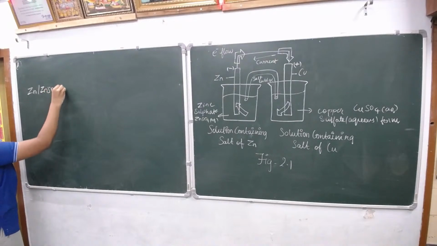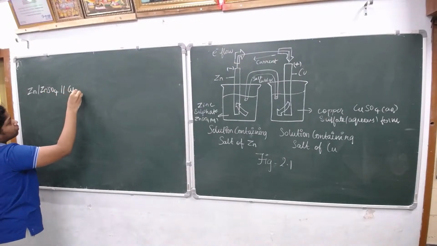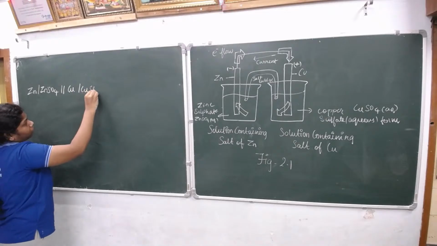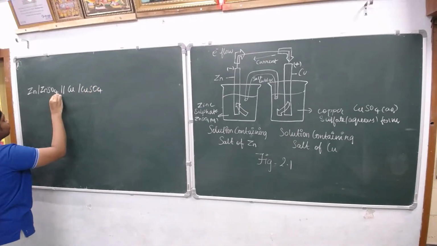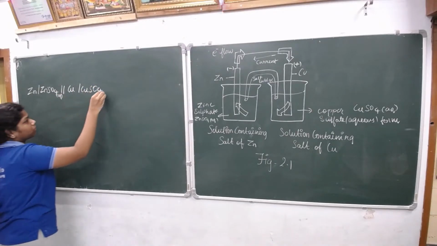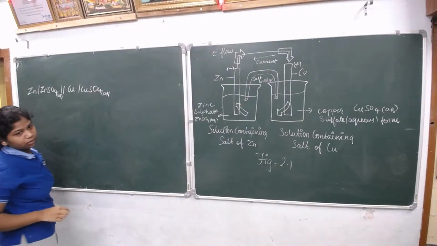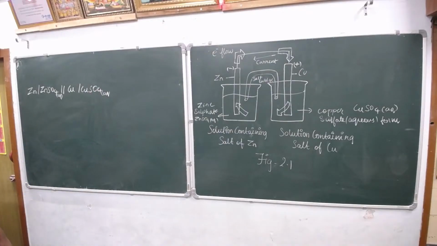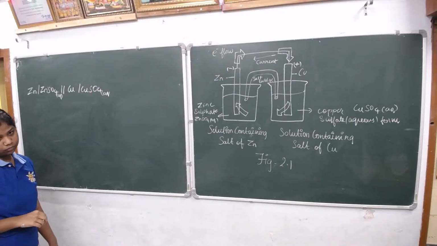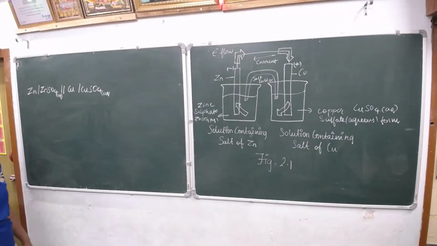ZnSO4, put aqueous, ZnSO4 aqueous solution. Okay, so this is the electrochemical cell representation. Do you understand this? We can represent this entire schematic diagram by this simple notation.